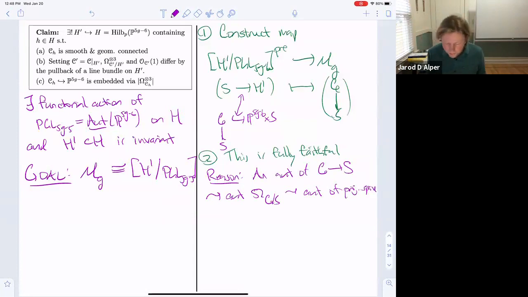Because we have an embedding into projective space, the push forward of this is actually trivial.